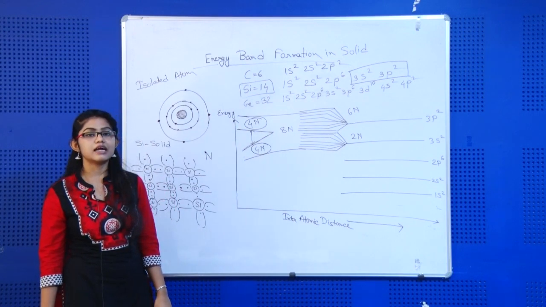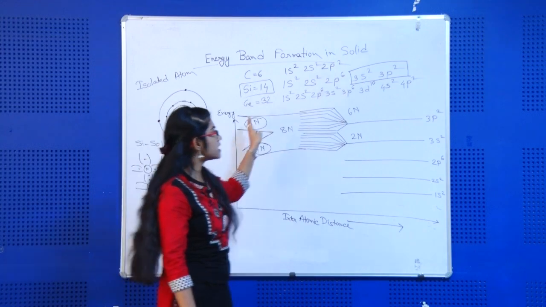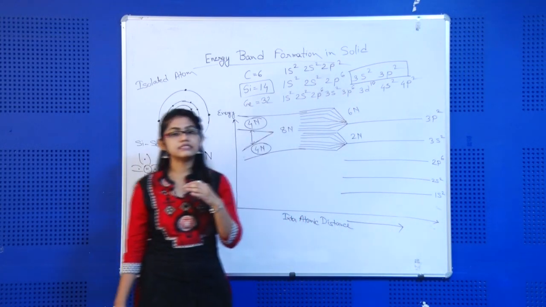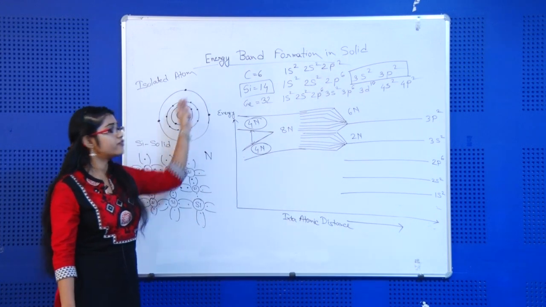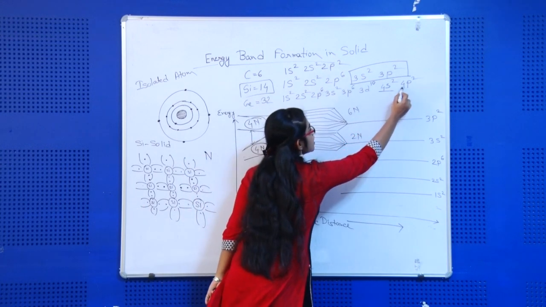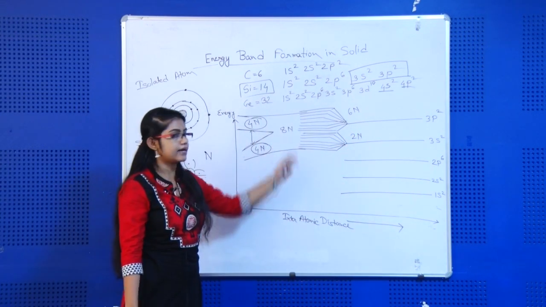If we consider germanium, the atomic number of germanium is 32 and the last orbit is 4s2 and 4p2. So in the energy distribution of germanium, the energy levels 4s2 and 4p2 will split into 8n levels.